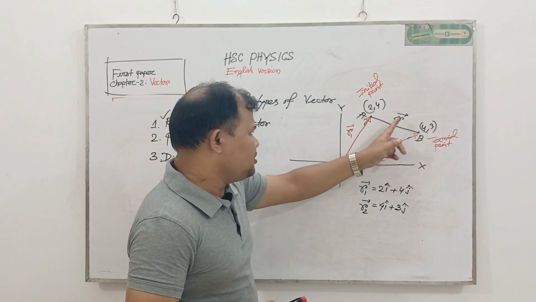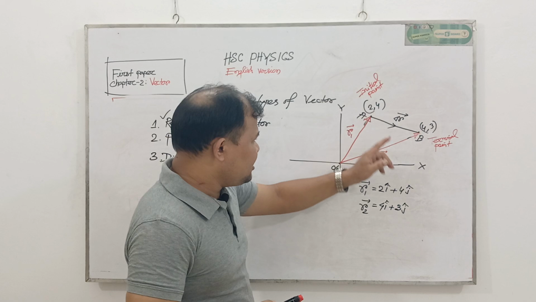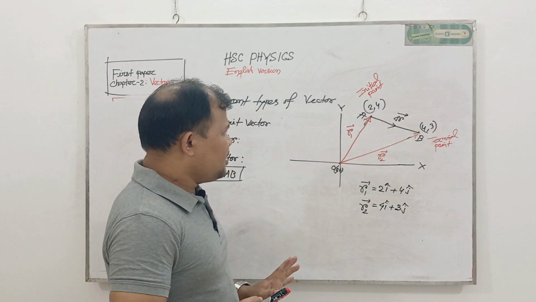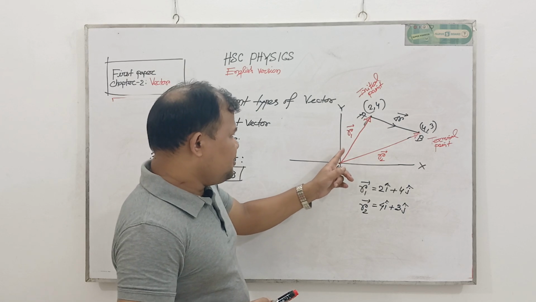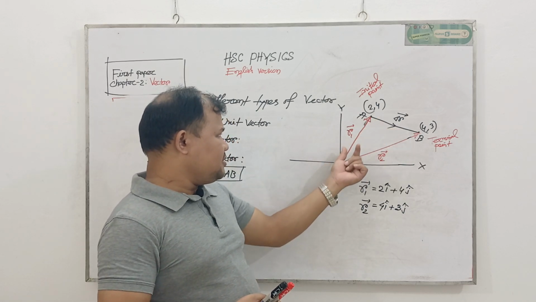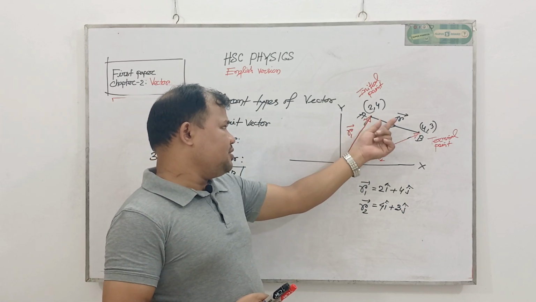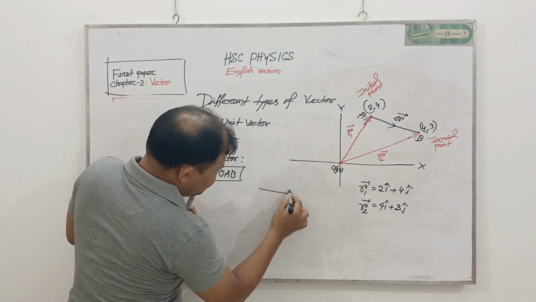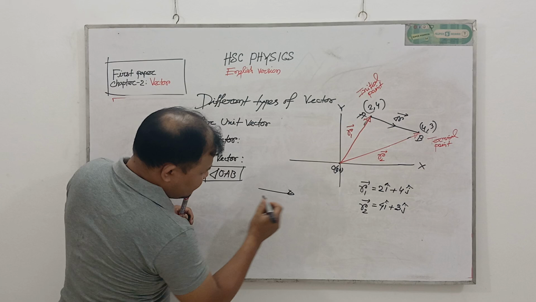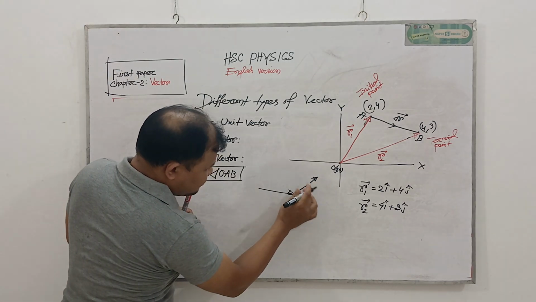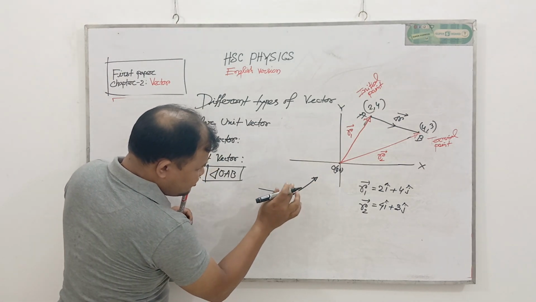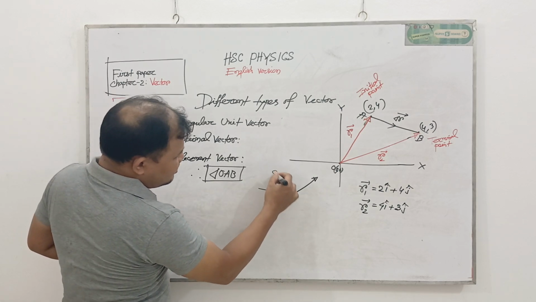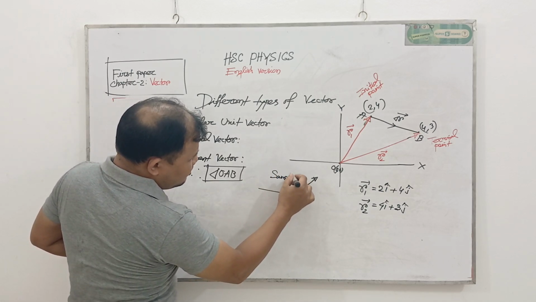The initial point of the displacement is at point A and the terminal point of the displacement vector is B. If the initial point of a vector and the terminal point of another are the same point, then these two vectors are in the same order. Suppose this is a vector, this is initial and this is terminal, and another vector's initial point is put on the first vector's terminal, then this is the same order.